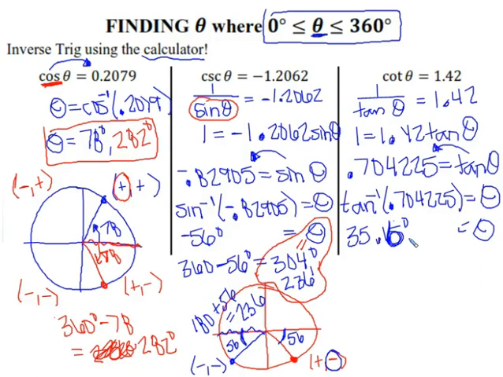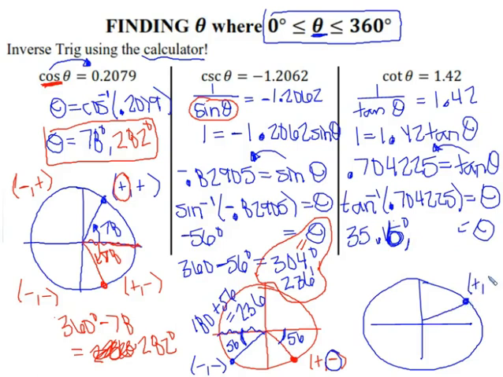All right, so now let's think about what is that other angle measure we might have. Let's go ahead and think about our unit circle. So an angle of 35.16 degrees, somewhere right here, in this quadrant, positive and positive. But notice how we're focusing on tangent, and tangent is the idea of sine over cosine.